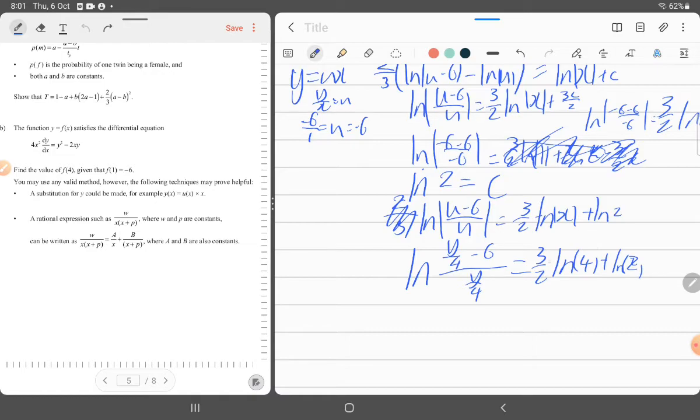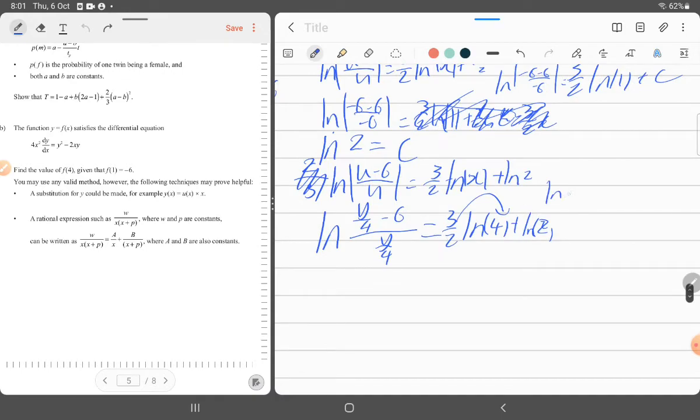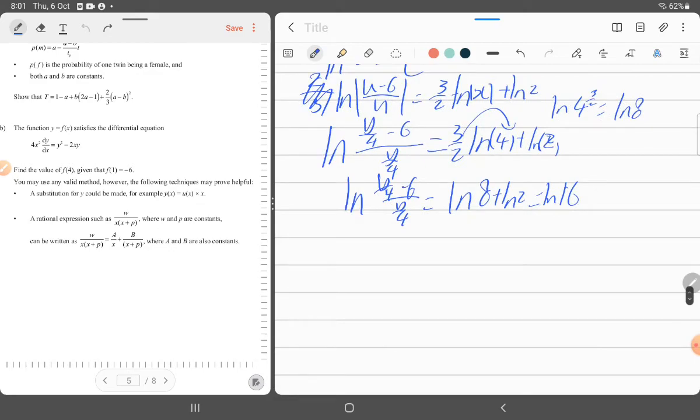Because of log rules, natural log of 4 to the 3 over 2 is equal to natural log of 8. So natural log of y over 4 take away 6 over y over 4 equals natural log of 8 plus natural log of 2, which is equal to natural log of 16. Then we can just ignore the logs.